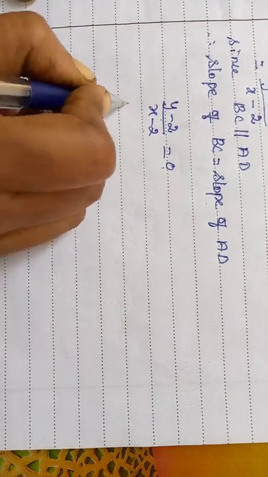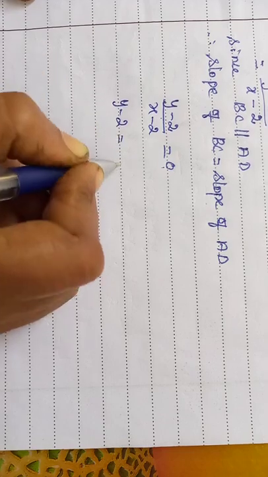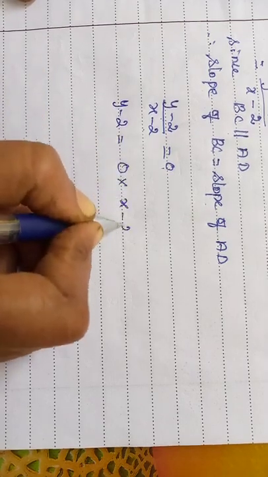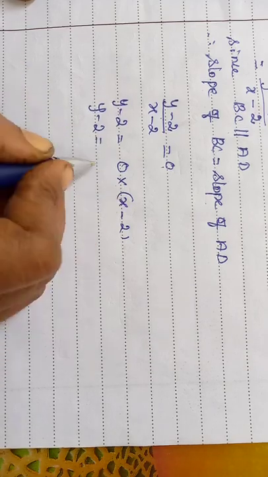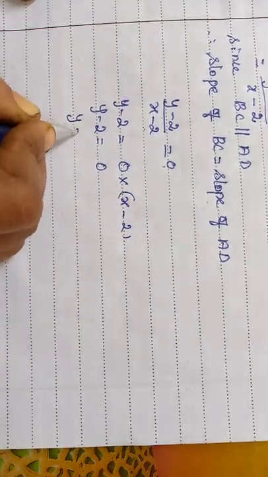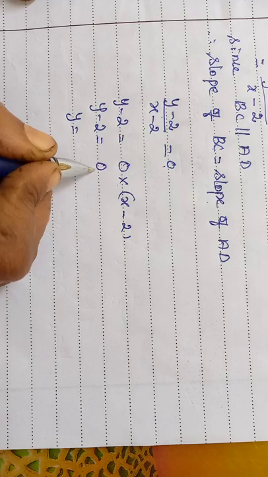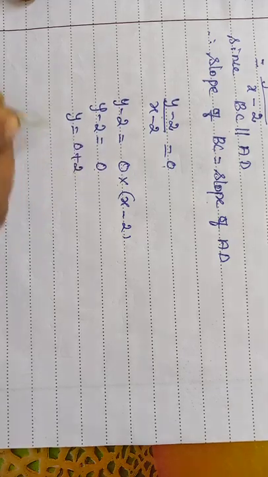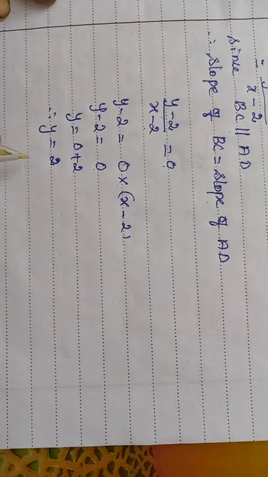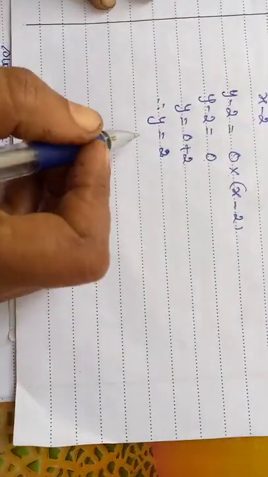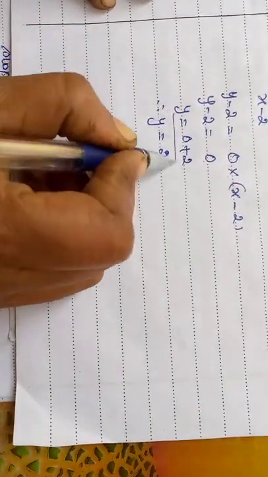We get y minus 2 is equal to 0 into x minus 2. So y minus 2 is equal to 0 into any value is 0. From here y is equal to 0 plus 2. Therefore y is equal to 2. One value we got. We have to find out x and y value. Y is equal to 2.